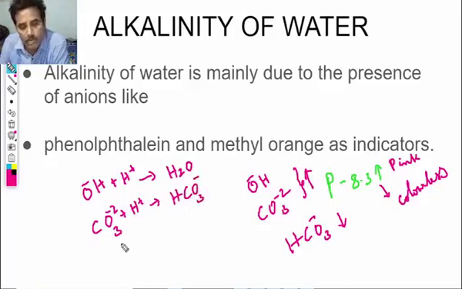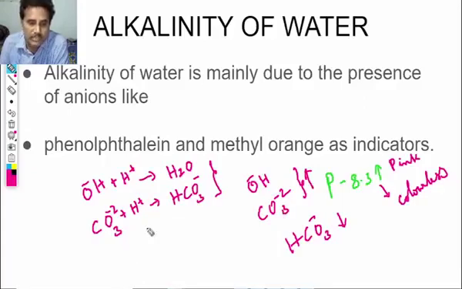The carbonates are converting into bicarbonates. Whenever it converts into bicarbonates, pH is less than 8.3, so it becomes colorless. So the end point is completed up to this reaction only. In the bicarbonates, only half of the reaction is completed in this step. With the phenolphthalein indicator, only these two reactions can be completed.